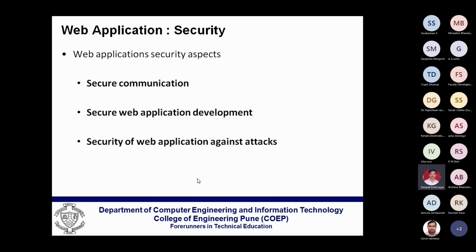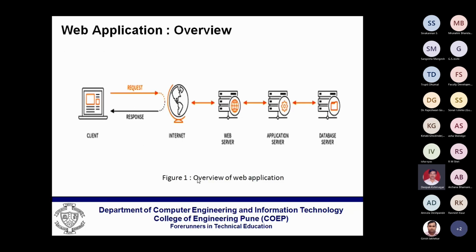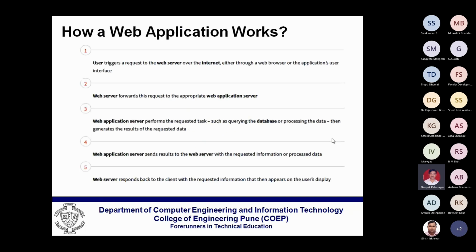Mostly, at the server side there is a web server, application server, and database server. Instead of concentrating on the client side, the hackers can find vulnerabilities at the server side. They can attack the web server, the application server, or the database server. Multiple options are indirectly given by the web application to the hacker.